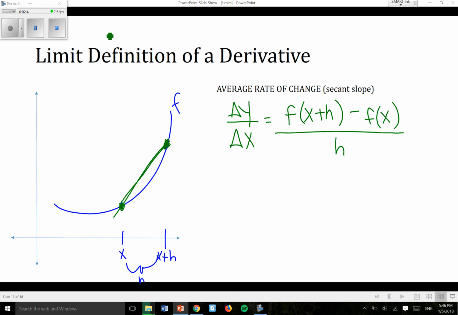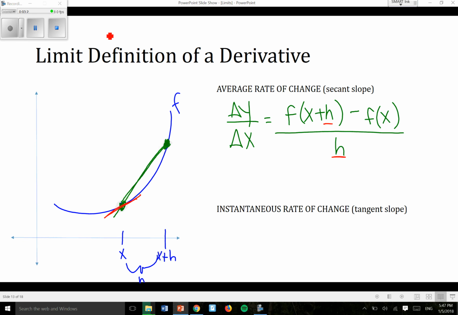What we were interested in, however, was not this average rate of change between these 2 points, but the instantaneous rate of change, or the tangent slope, at x. We can't do delta y over delta x if we only have 1 point. There's no change at all. If you look here, we can't actually let h be 0, because then we'd get 0 over 0, which is an indeterminate form. We can't actually make this distance nothing.